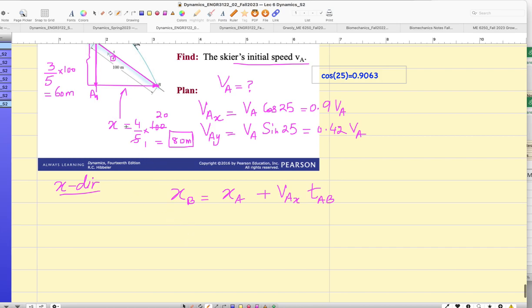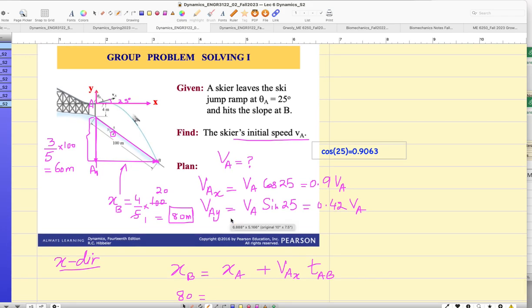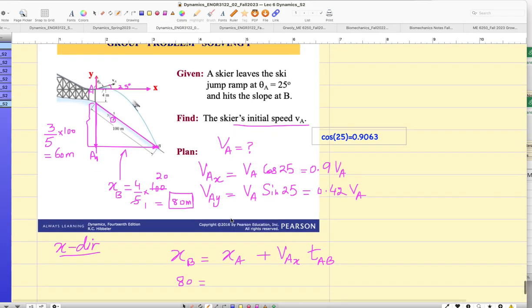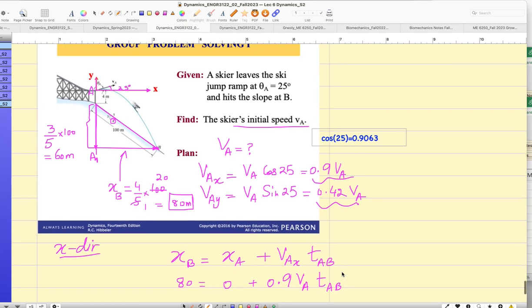You already calculated XB, which is 80 meters, correct? XA, you already know, is 0, since point A is at the origin. You already calculated VAX and VAY; VAX is 0.9 VA. And the time of flight, we have to find it out.